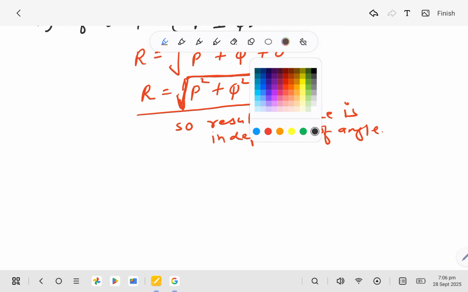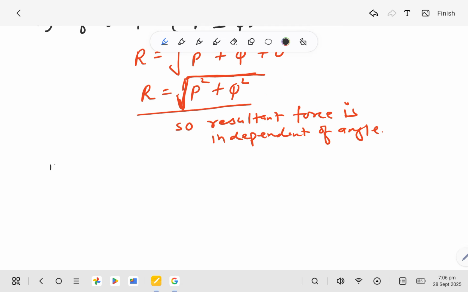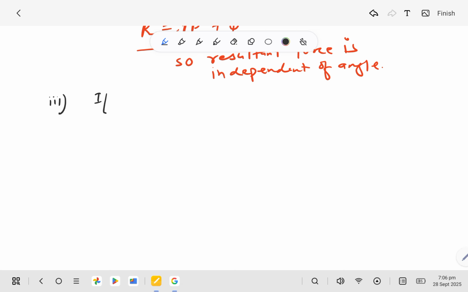Now we can consider the third case. If theta equals 180 degrees, it means P is anti-parallel.